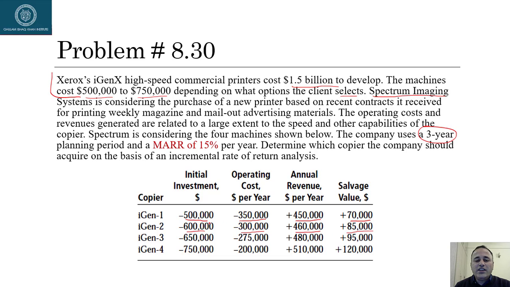So as you can see, if the company is investing more and more, it is becoming more and more efficient in terms of cost saving, and it is generating more revenue. So revenue is increasing. Of course only then will it make sense to buy a more expensive machine. So let's find out which of these machines make more sense.